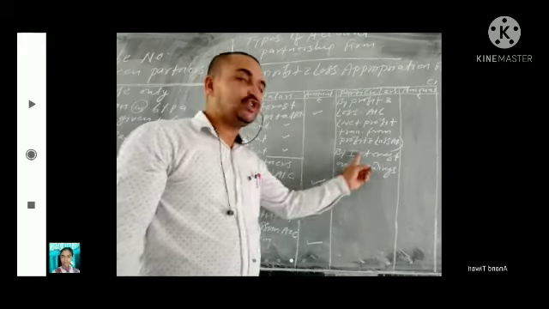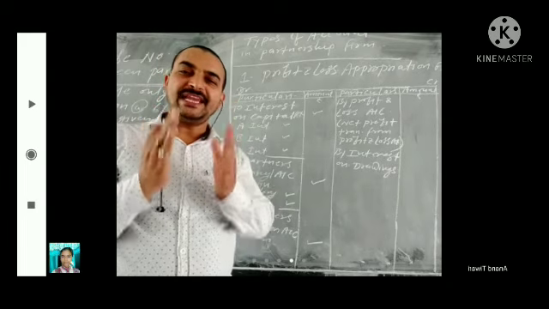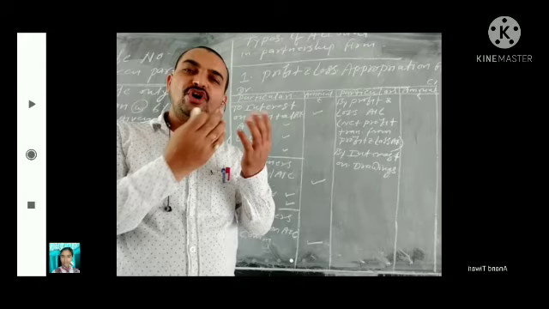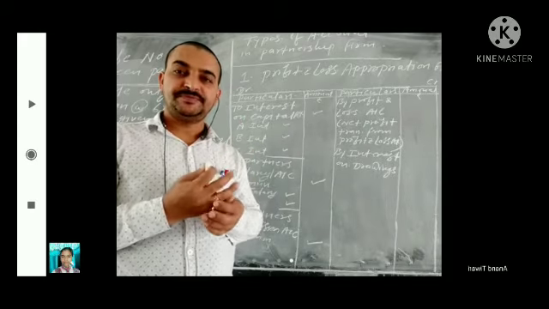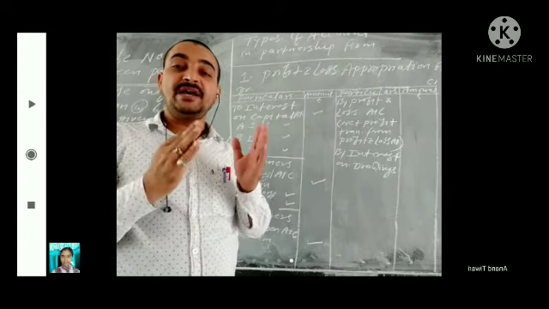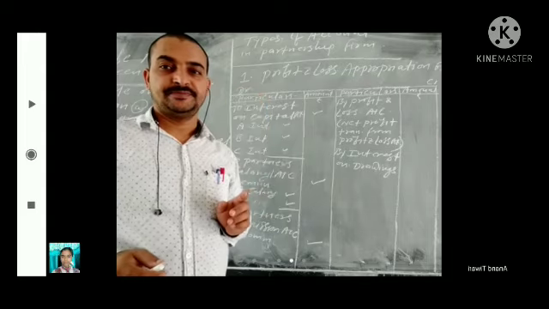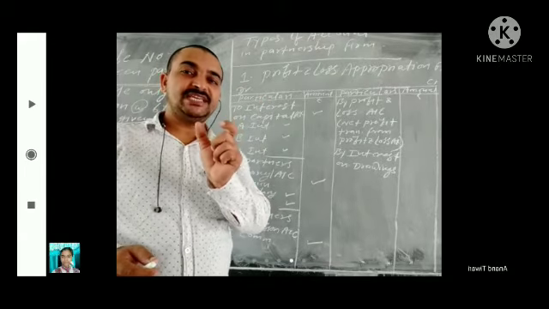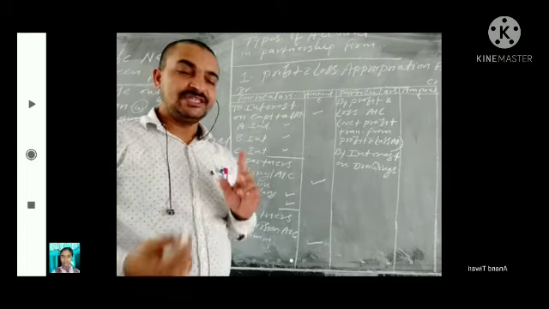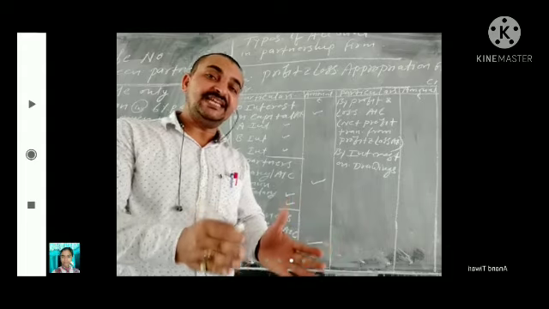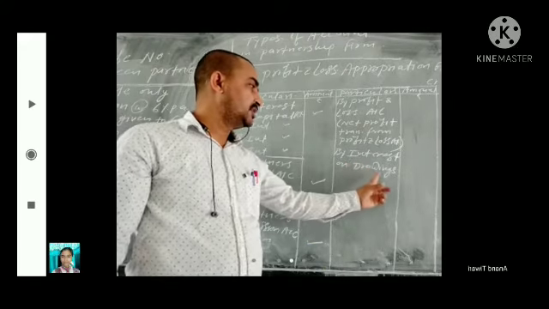What is this interest on drawings that I discussed in the agreement? If any partner has withdrawn any money from the firm for personal use, then the partner has to pay interest to the firm on that amount. That is called interest on drawings.